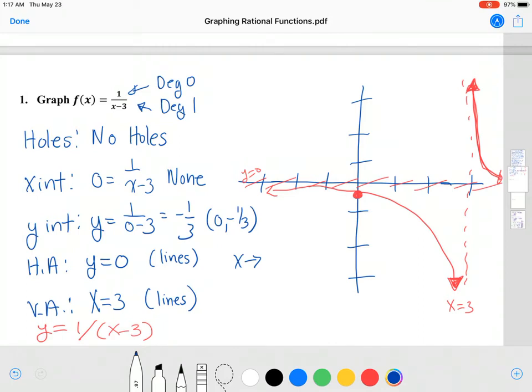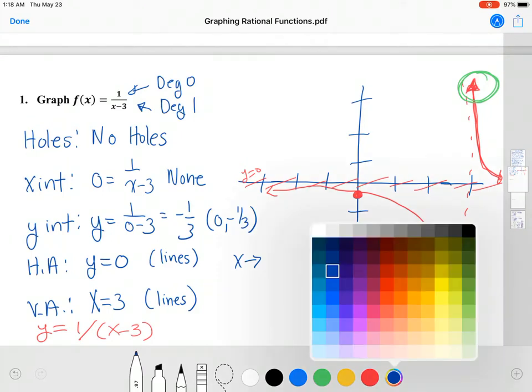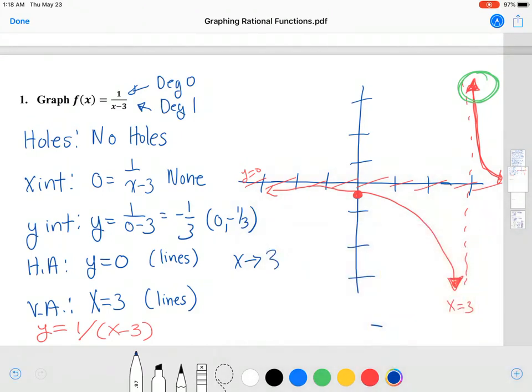If I wanted to explain what this arrow means right here in green that I just circled, I would say as x approaches 3 on the right-hand side, and to indicate that we're coming from the right-hand side, where I normally would have an exponent, I'm going to put a little plus sign there.